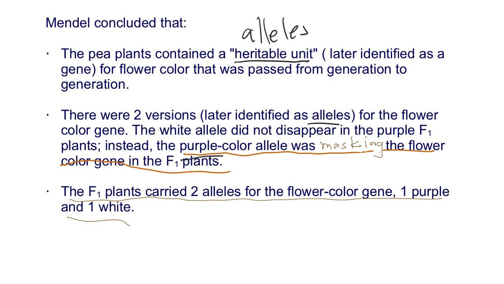The purple flower was masking the white flower color gene in the F1 plant. So the F1 plant carried the two alleles for the flower color gene, but it didn't show the white flower phenotype.